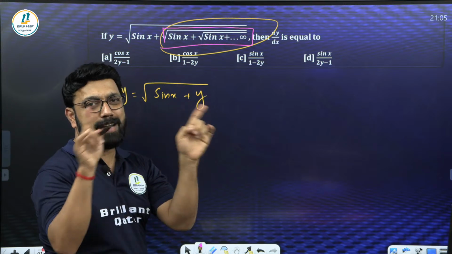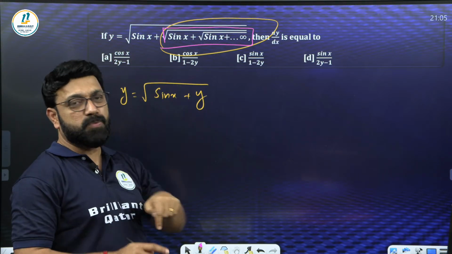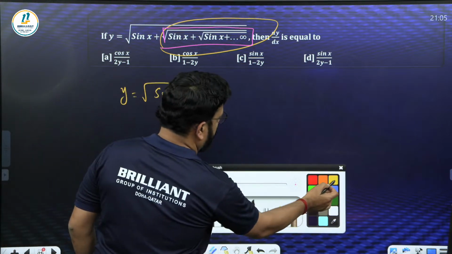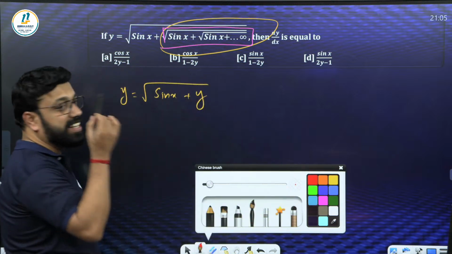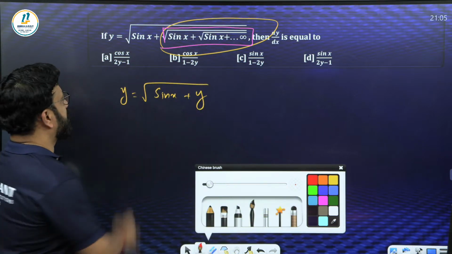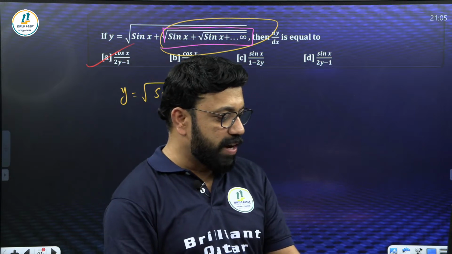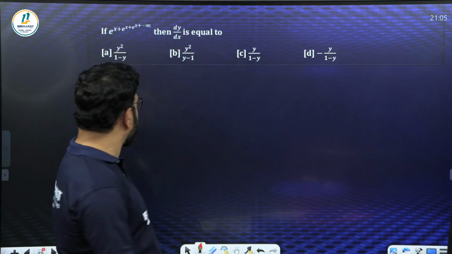Again we can call that part y. So y equals root of sin x plus y, the same as the previous question. Refer to the previous question; we get the same answer, cos x divided by 2y minus 1. Yes, move to the next one.